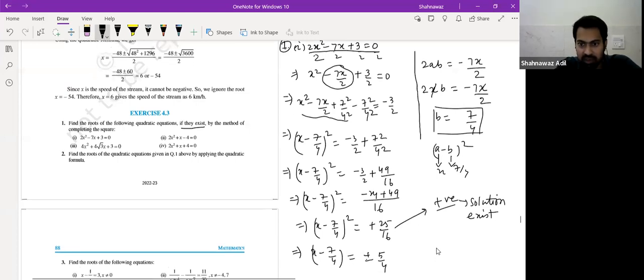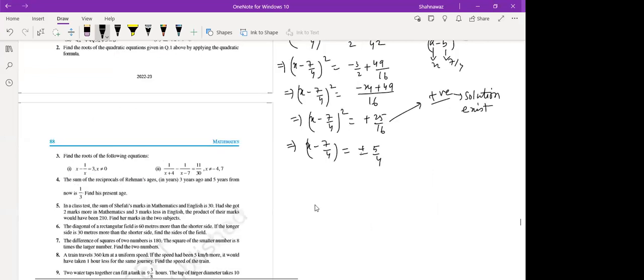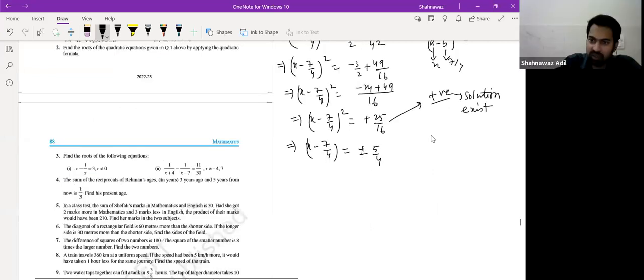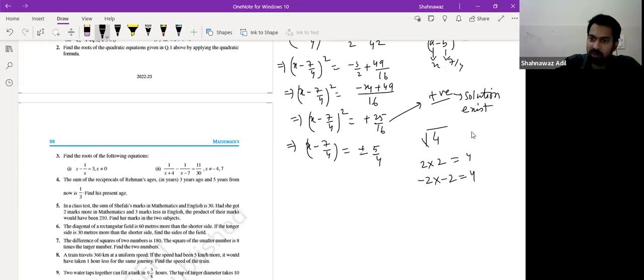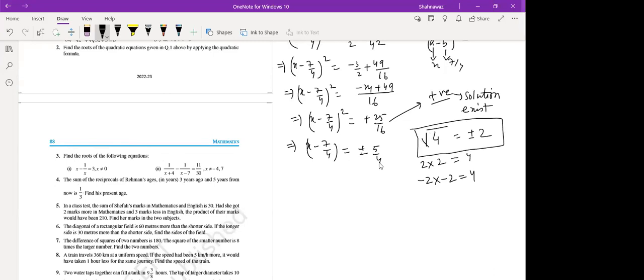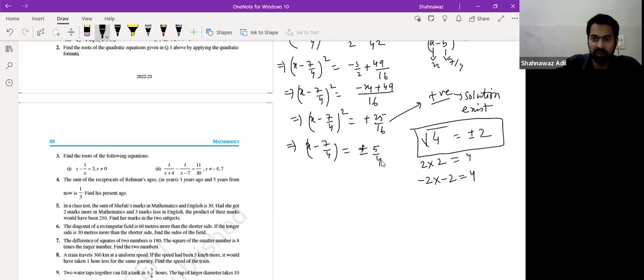Because if you have 4 and you take the square root, 2 into 2 is 4, and minus 2 into minus 2 is also 4. So you will have plus minus root 4 as plus minus 2. That is why root of 25 by 16 is plus minus 5 by 4. You will have two solutions.